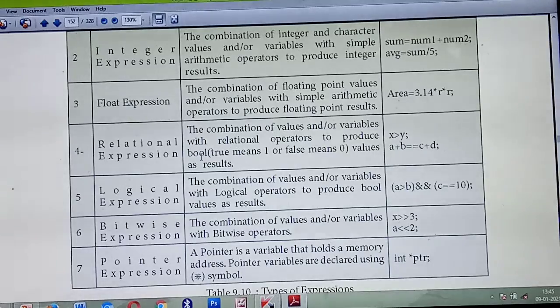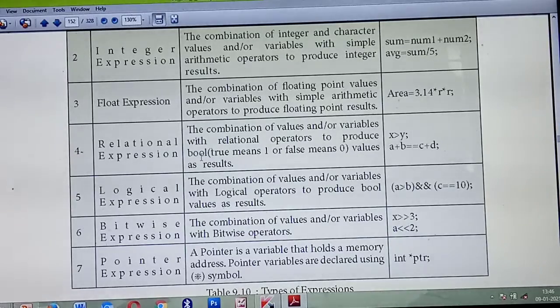Already you have studied relational operators. What are they? Greater than, less than, greater than or equal to, less than or equal to, double equal to. A relational expression has a combination of values and variables along with relational operators.